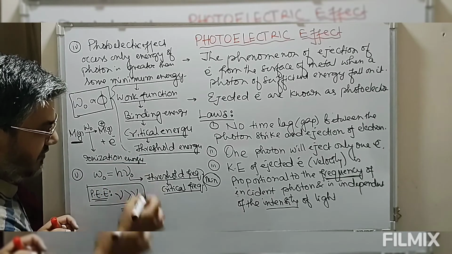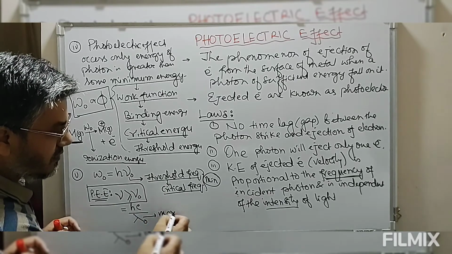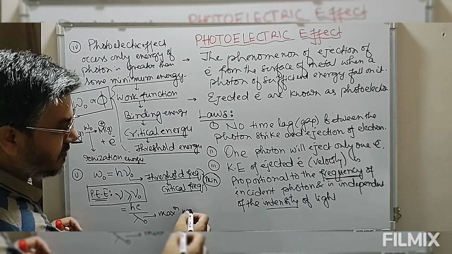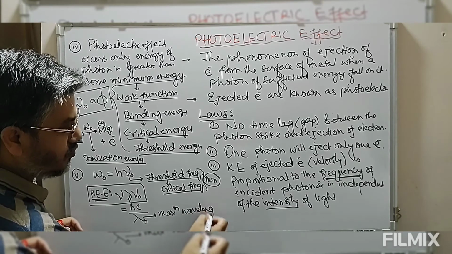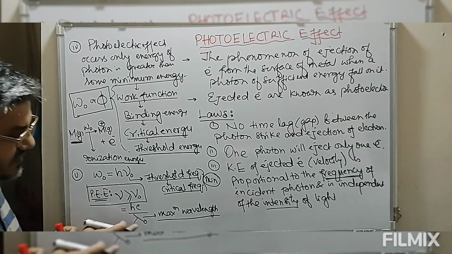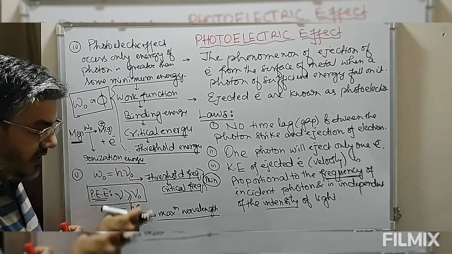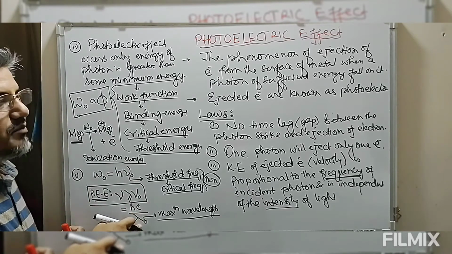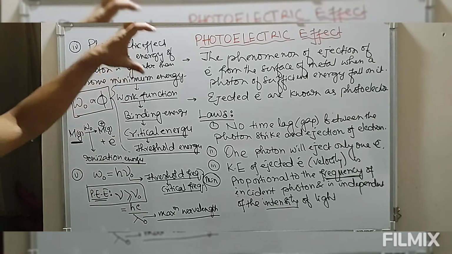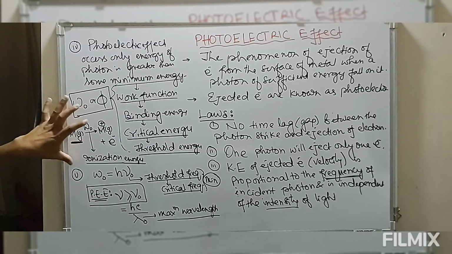So if this is the minimum frequency, then this lambda is the maximum wavelength. So the maximum wavelength required for this ejection of an electron is lambda naught. When the frequency required is minimum, the wavelength required should be maximum. So the photoelectric effect occurs only when this condition is satisfied.